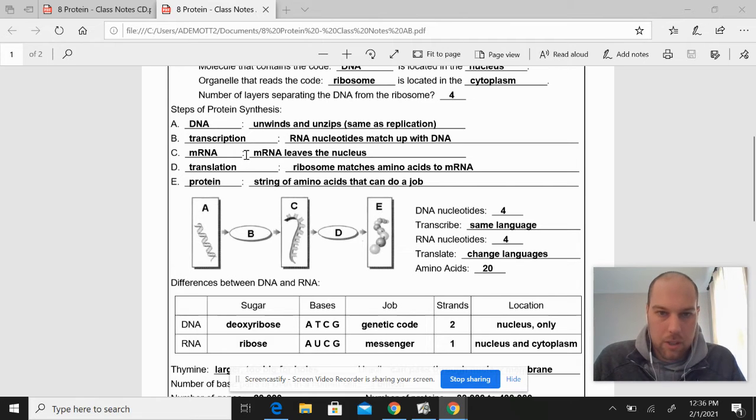DNA goes through transcription, which is basically DNA creating an mRNA strand. mRNA then leaves to find the ribosome, where it goes through translation, which is basically an assembly line where they match up with amino acids, and those amino acids create a string of protein, what we call a polypeptide chain.